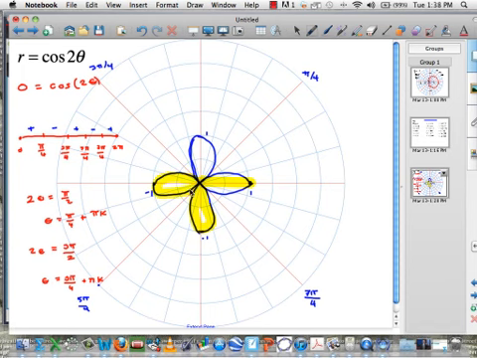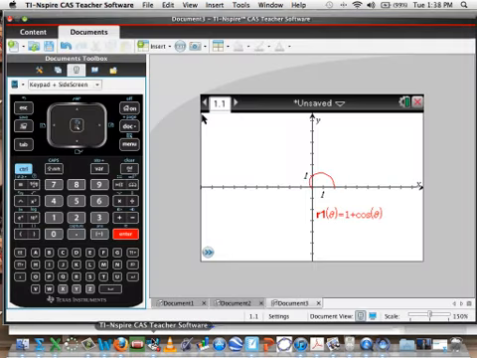Then between 5 pi over 4 and 7 pi over 4, I had negative r values, which placed me up here for that petal. And then we finished with positive r values, which brought me back to my starting point here. Okay, so in case I traced it out incorrectly just a second ago, I just highlighted it for you to make it more clear. Let's double check with the calculator to see that that's the accurate picture.